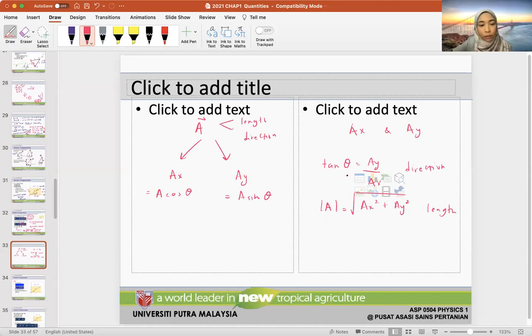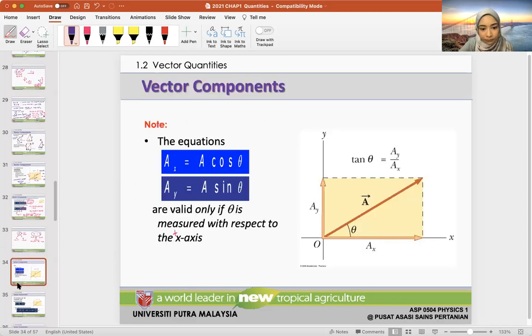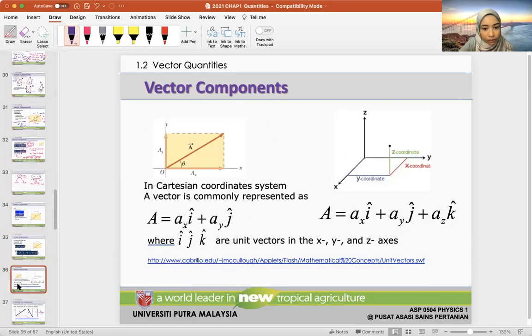This equation will only give you angle with respect to the x-axis. Okay. This is if you have a vector, and this is if you have AX and AY. Okay. Moving on. We have 15 minutes to go.